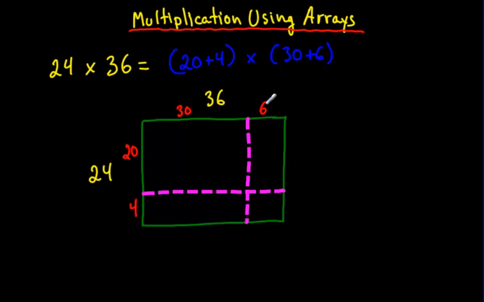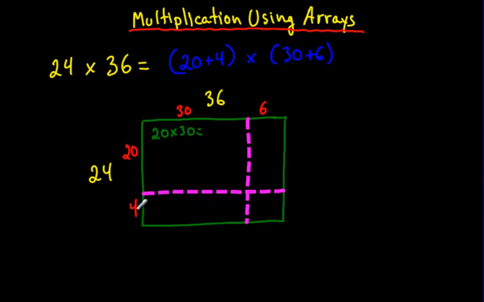And when we take a look at it then, we know that this big area right in here is the same as saying 20 times 30, and we're going to try to find that out. And because those numbers are friendly numbers, it's going to be easier to find that answer.